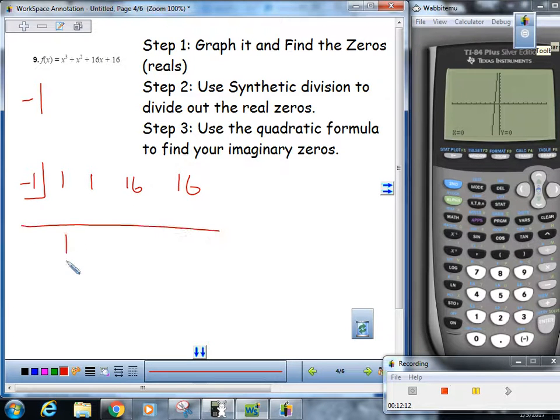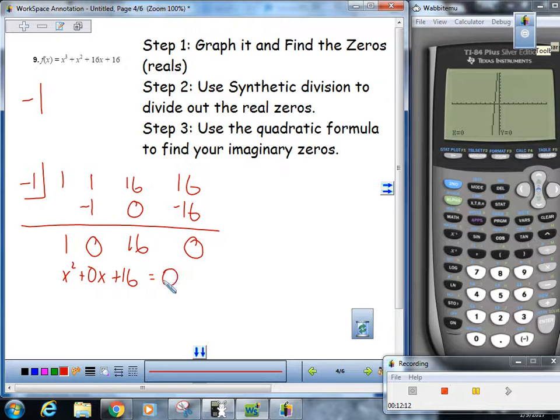Bring down the first one, multiply. You'll know you're getting it right if you get a 0 there. Add. Multiply. Remember, -1 times 0 is 0. Add. Multiply. Excellent. So this is x squared plus 0x plus 16.